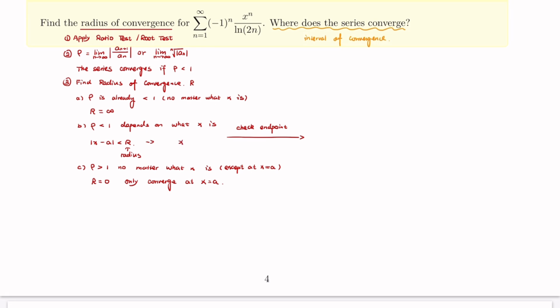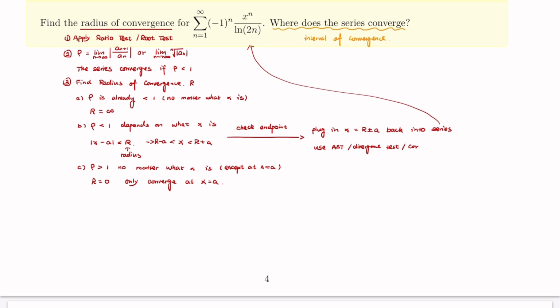From here you would have x in between a minus R and a plus R. So we need to plug x equals a plus or minus R back into the original series, and use the alternating series test, or the divergence test, or the comparison test or limit comparison test, or any other test. It could be anything to check if they converge or diverge, and that's going to give you the interval of convergence.